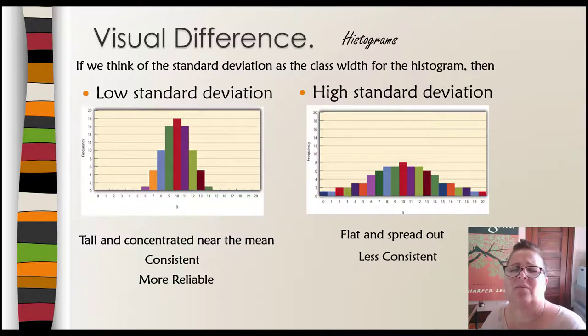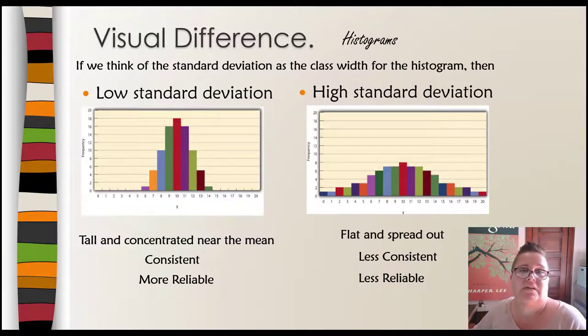And by reliable, what we mean is it's easier to give a consistent range, to give a good guess as to where the data point is going to fall, versus the higher standard deviation where, since it's spread out over more of a range, we really don't know where that data is going to fall.